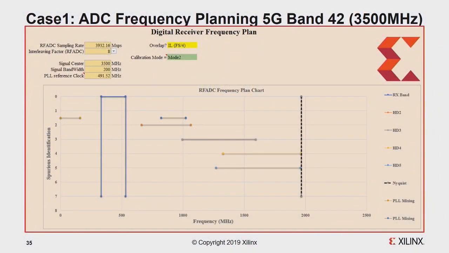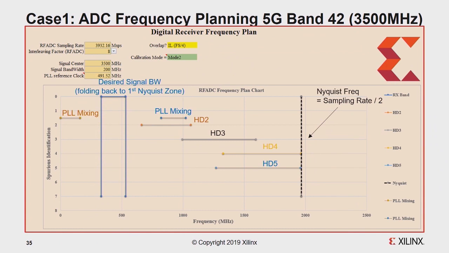So for the 3.5 gig carrier frequency, we set the sampling clock to 3.9 gig, and the center frequency is 3.5 gig with 200 megahertz signal bandwidth, and the PLL we set is 491.52 megahertz. Here is our signal.